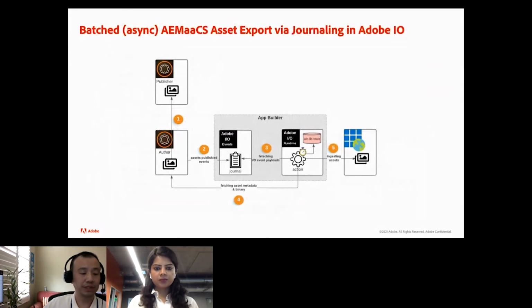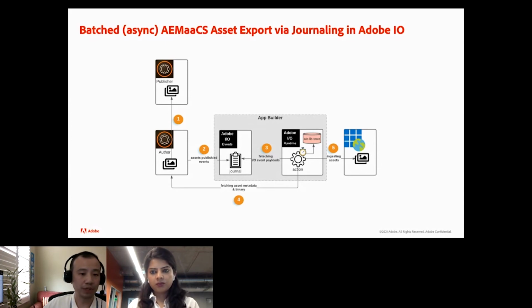For some circumstances, assets export needs to be managed in a batched fashion, or asynchronously, especially when assets need to be exported in bulk at a time. In that scenario, another Adobe I/O mechanism called journaling is probably the way you should look into.